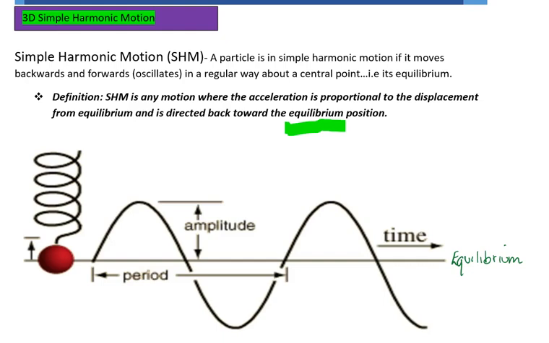I'll just touch on this official definition for simple harmonic motion, only very briefly because we'll come back to this in another exercise later on. It says simple harmonic motion is any motion where the acceleration is proportional to the displacement. Now, at this stage, we don't really want anything where acceleration is in terms of displacement.